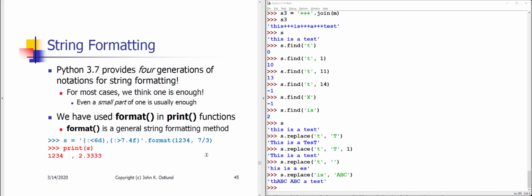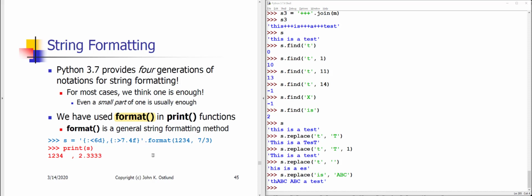One of the most important things to know how to do is how to format strings containing numeric values with certain field widths and certain precisions and so forth. And we've seen this format function before, but I want to go through it very systematically because it's important to know how.